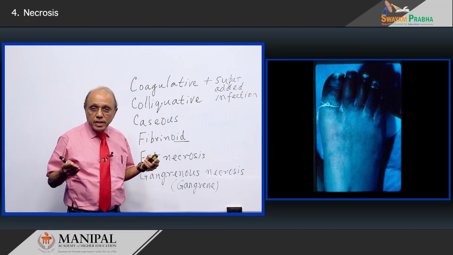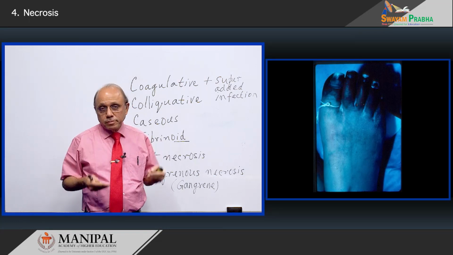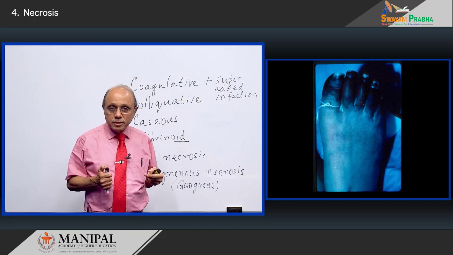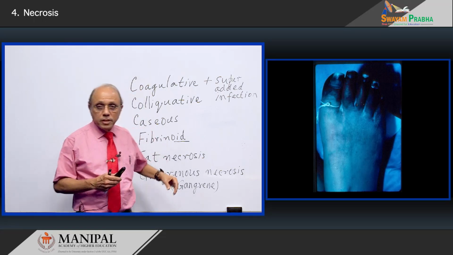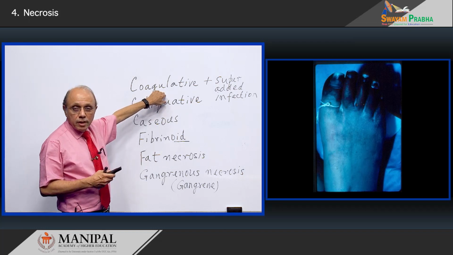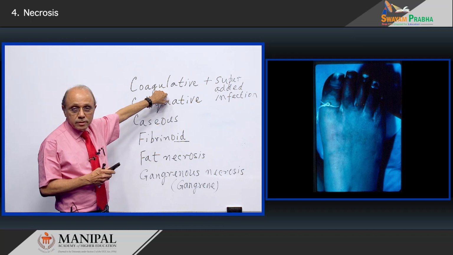Generally, the Clostridia group of organisms are the ones which flourish, or they relish being in these dead tissues, and these Clostridia group of organisms convert a coagulative necrotic tissue into a gangrenous tissue.